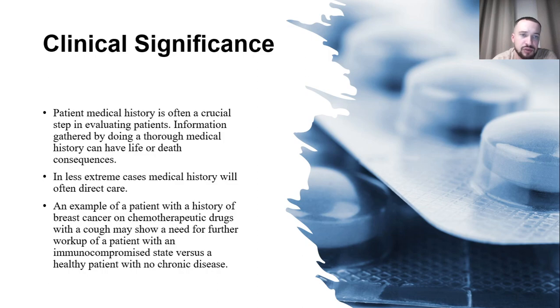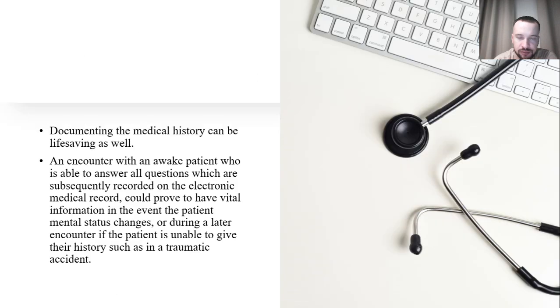Information gathered by doing a thorough medical history can have life or death consequences. In less extreme cases, medical history will often direct care. An example is a patient with a history of breast cancer on chemotherapeutic drugs with a cough, which may show a need for further workup of an immunocompromised state versus a healthy patient with no chronic disease.